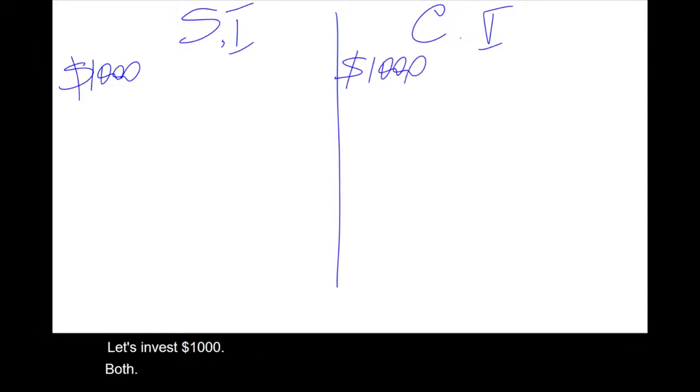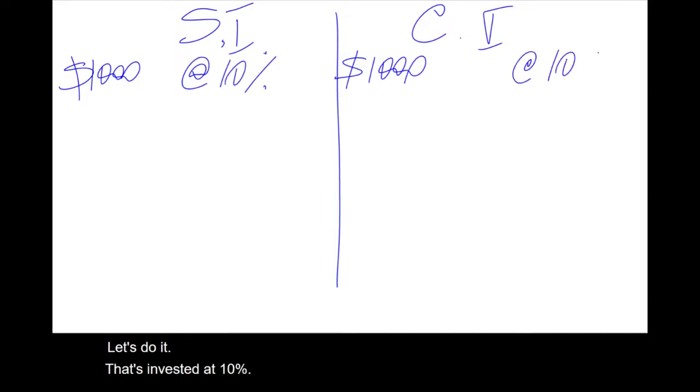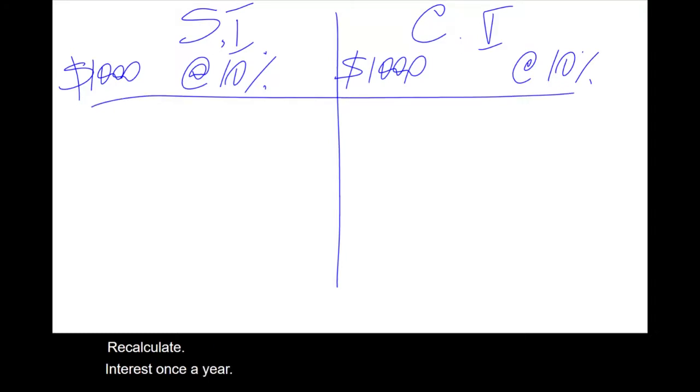Let's invest it at 10% and 10%. For compound interest, we're going to compound yearly. It means we will recalculate interest once a year. So that's the starting conditions.